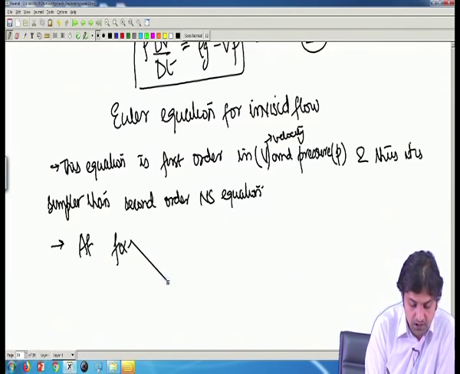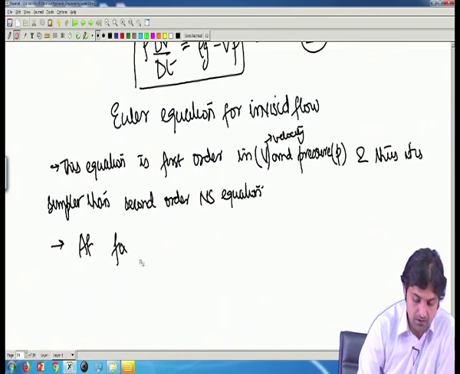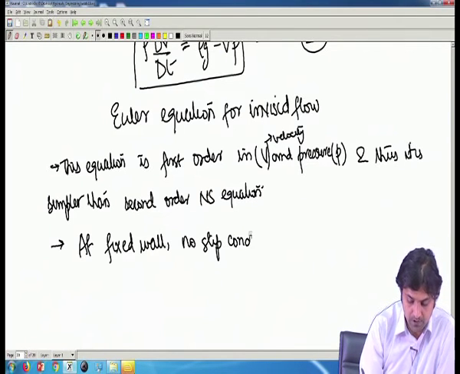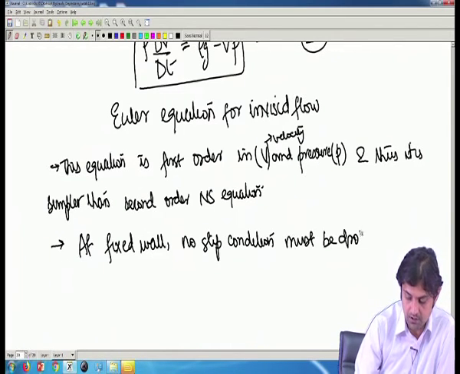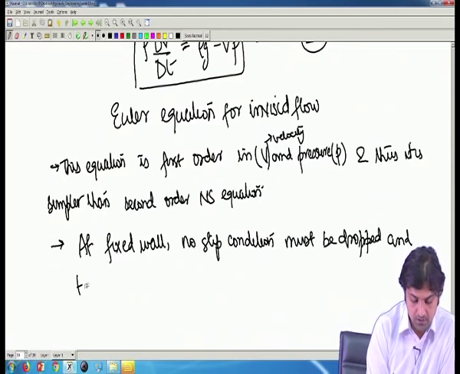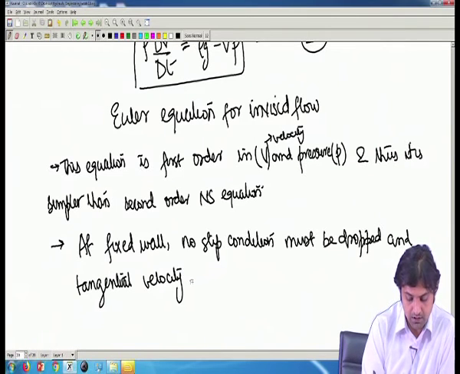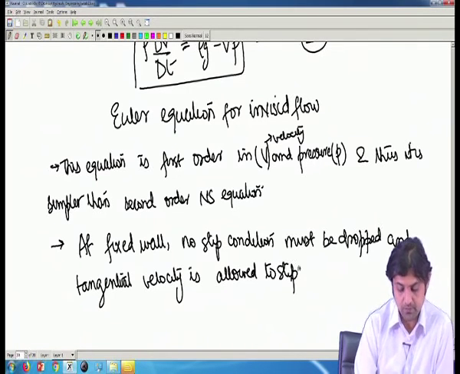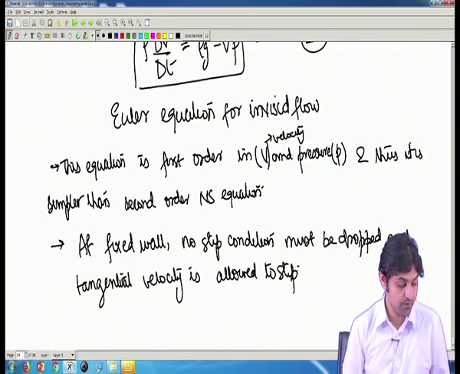So, at a fixed wall, the no slip condition must be dropped and tangential velocity is allowed to slip because of the absence of viscous forces.